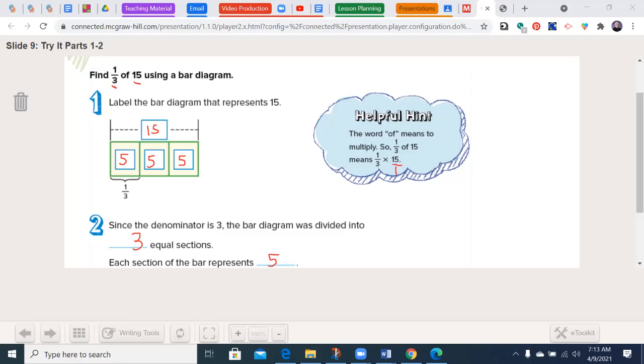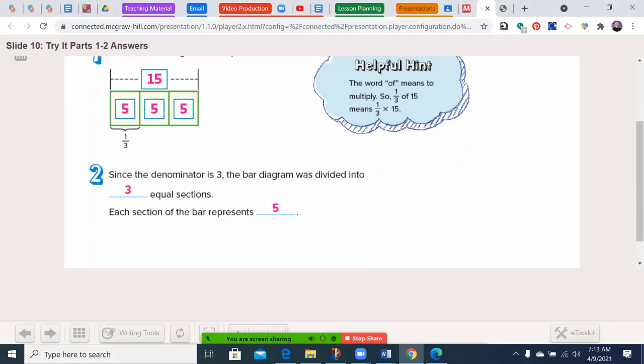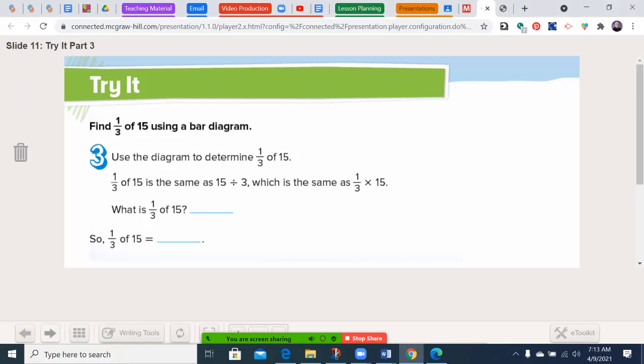All right, I'm going to go ahead and clear the drawing. All right. 1/3 of 15 is the same as 15 divided by 3, which is the same as 1/3 times 15. What is 1/3 of 15? 5. So there's 5 in one of those boxes. So 1/3 of 15 is 5. So go ahead and write in both 5s.